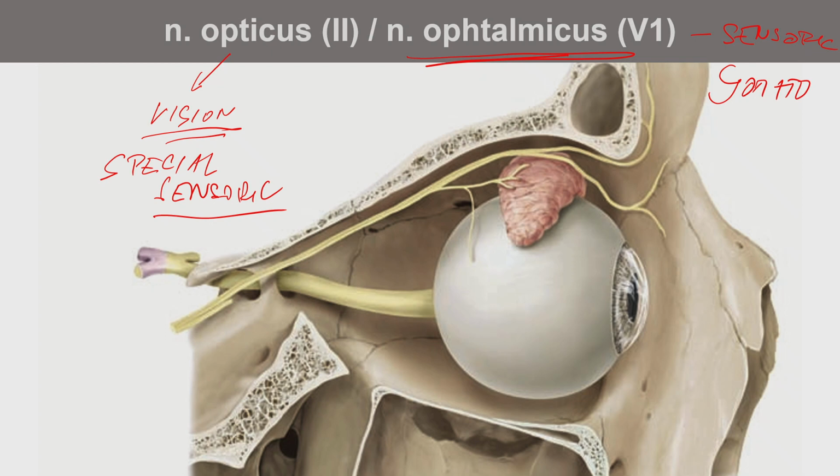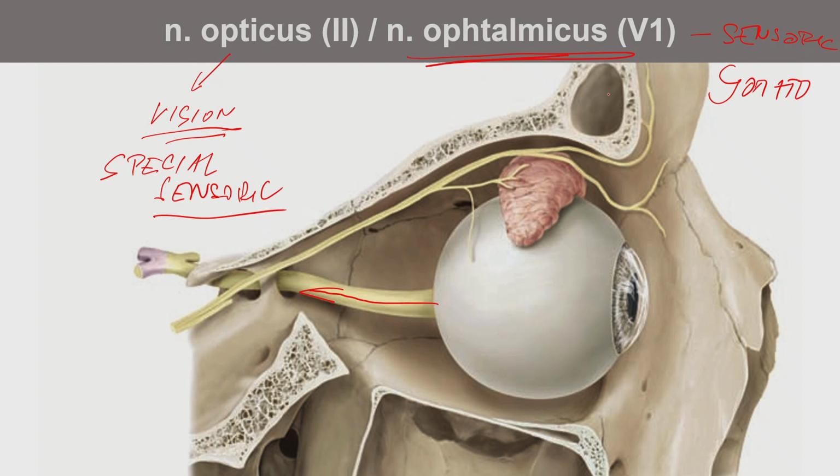So then the information which is obtained from the optic nerve is information about vision, about the light which is hitting the retina.